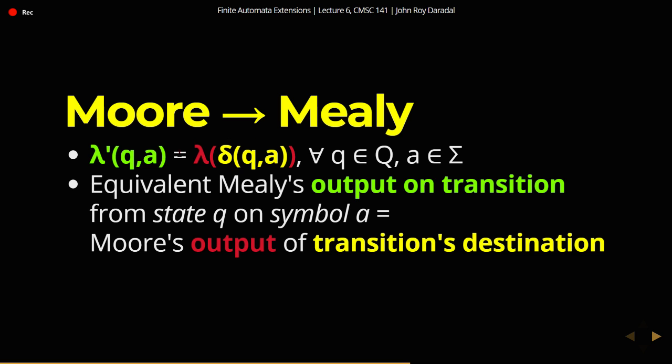So let's try to break it down. The equivalent Mealy's output, so that means that lambda prime siya, on the transition from state Q on symbol A.